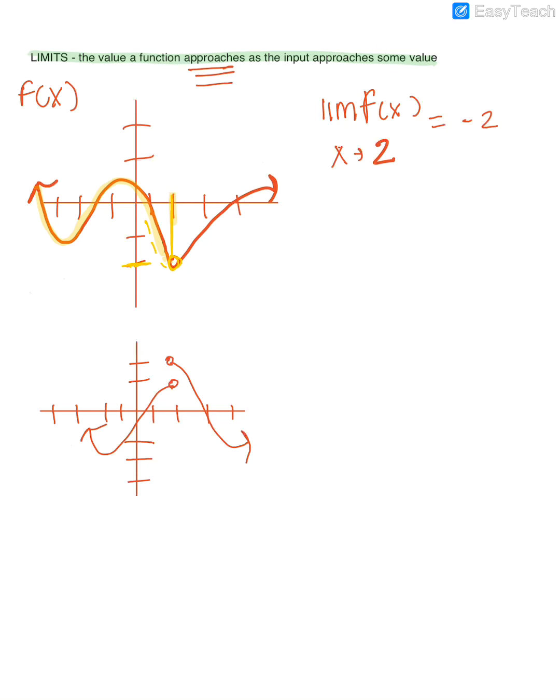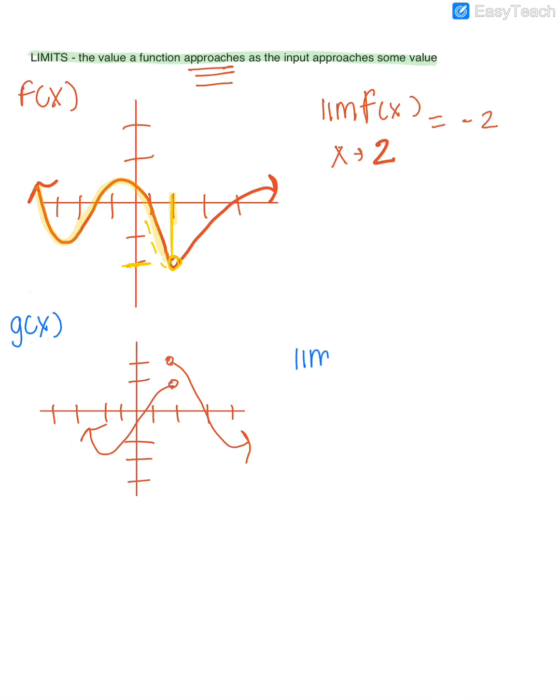Alright, so let's just say that this was the graph that we're creating. We're going to call this one g of x, and I'm going to do it in a different color so there's no confusion. This is a completely different graph. We're starting a whole new example, g of x.